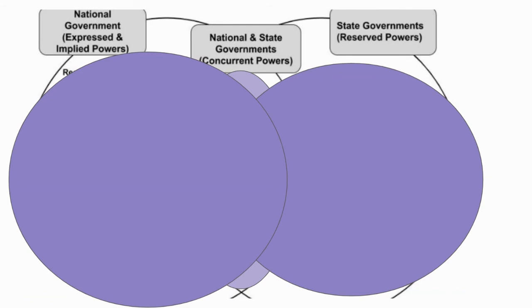All right, we're going to talk about national government in terms of expressed and implied powers, state government when we talk about reserved powers, and then some concurrent powers of both the national and the state government.